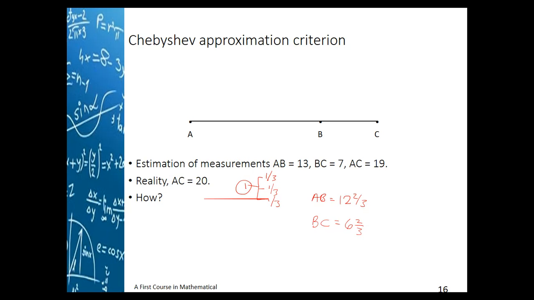That's why your AC now becomes 19 1/3. You still have one third, but it's not the same as your AB and your BC, because now instead of decrease, it becomes increase.